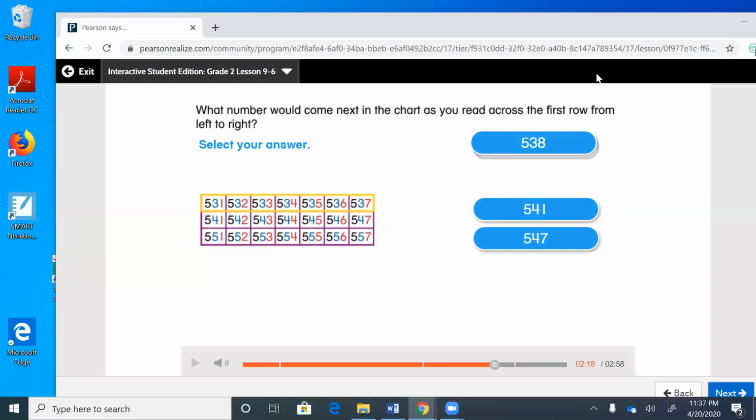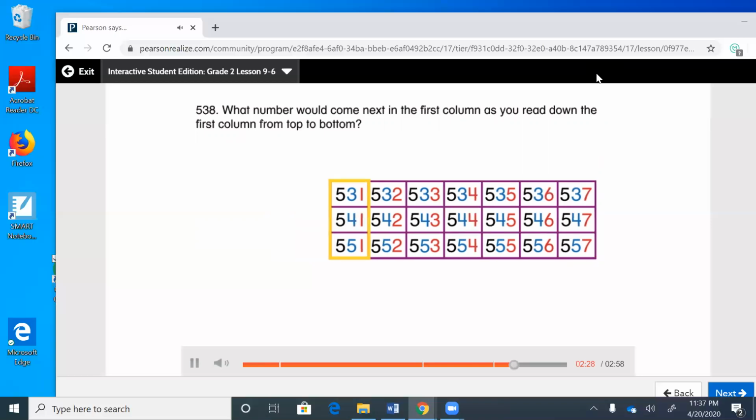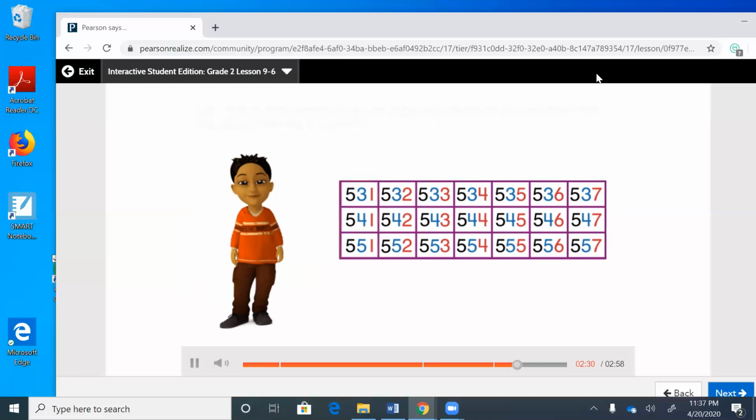Good. 538. Just counting by ones. What would be next after 551? Think about it. Going up by 10. 541, 551, 561.